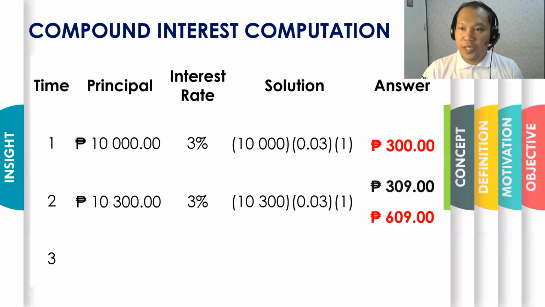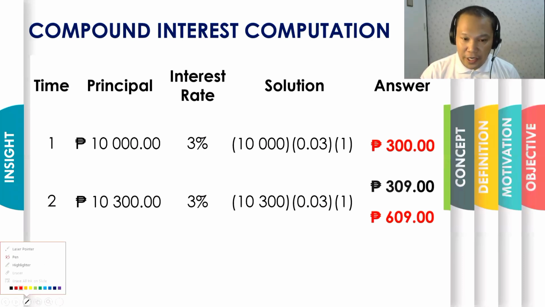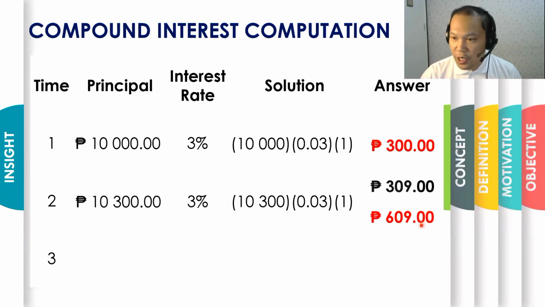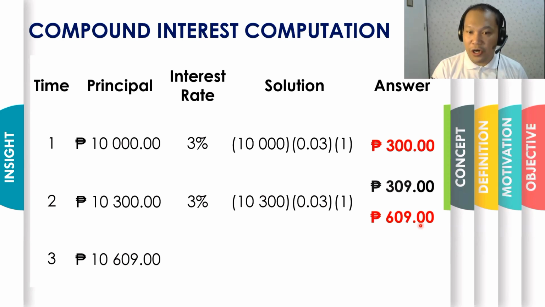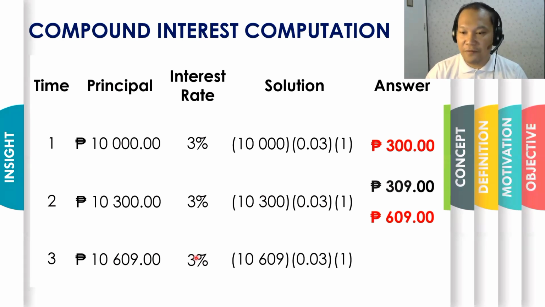Now, the total accumulated interest earned after 2 years will then be added to the principal amount. Therefore, in the third year, the new principal will be 10,609 pesos. Same interest rate. Solution, we have 10,609 pesos times 0.03 times 1.